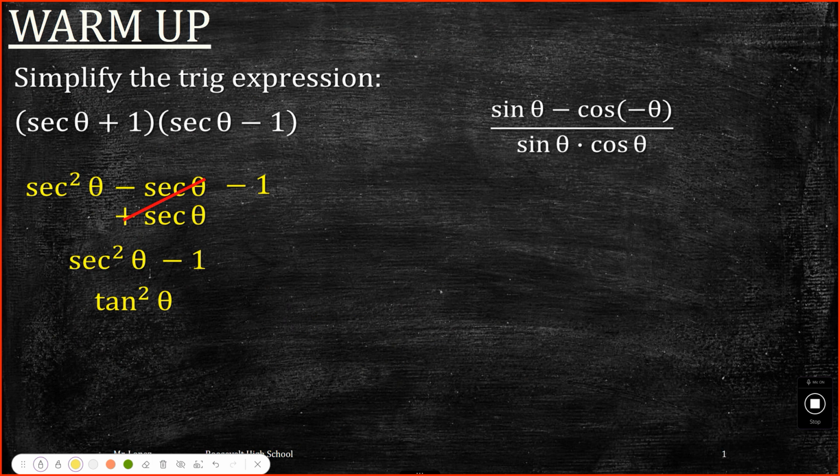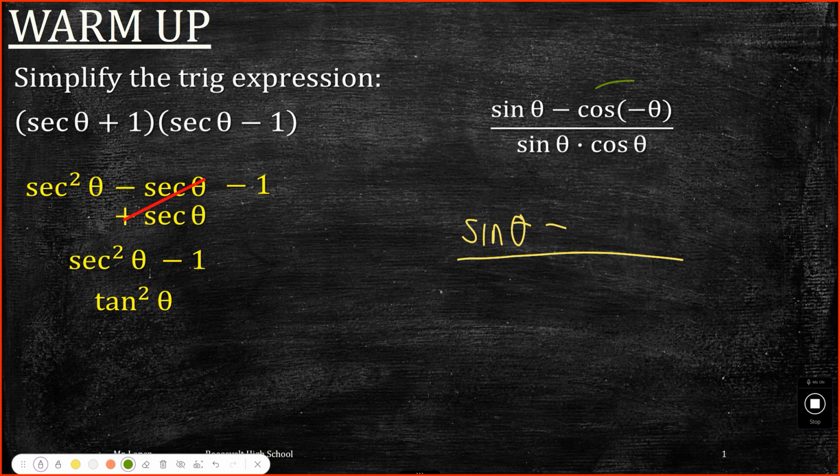So let's simplify this one. Sine theta, I said before that if there's anything as simple as could be in trig, it would be sine theta and cosine theta. Don't complicate it more than that. It's as simple as it can be. Minus, that is called the what?